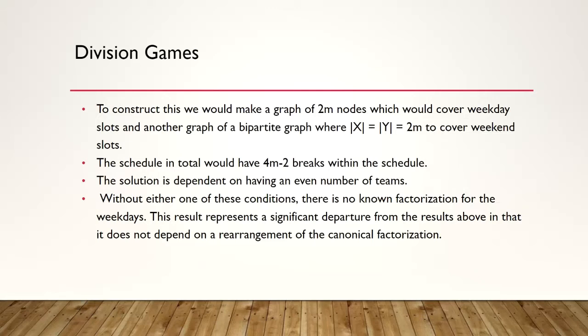The solution is dependent on having an even number of teams. Without this condition, there is no known factorization for the weekdays. This result represents a significant departure from the results above in that it does not depend on the rearrangement of the canonical factorization.